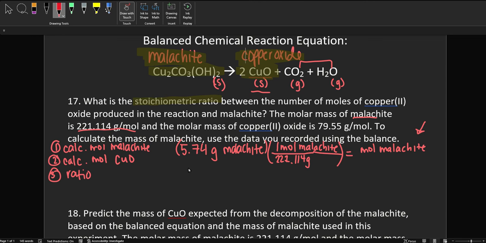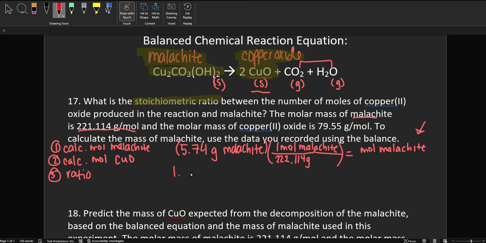These are just numbers for demonstration purposes, so don't take this and say, oh, this doesn't match mine. We're just pretending. I'm making up numbers, and they're not going to be accurate. But anyway, you get moles of malachite over there. That's fine. You're done with step 1.